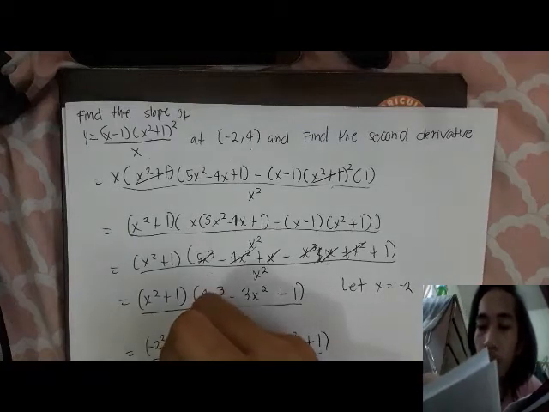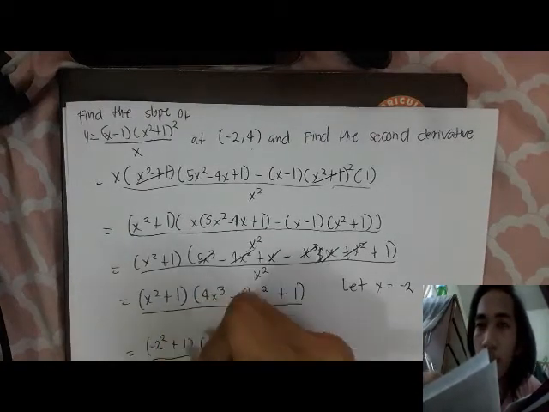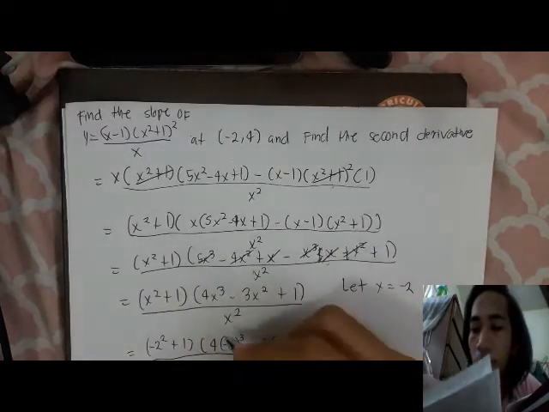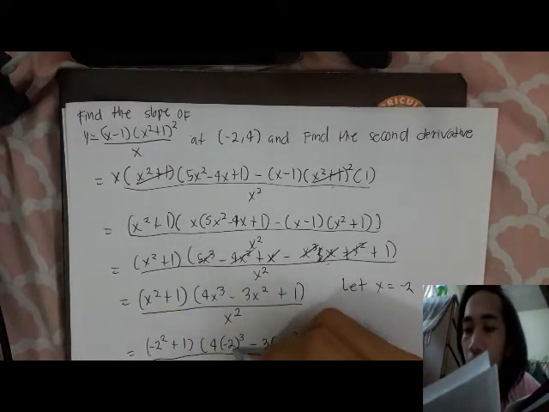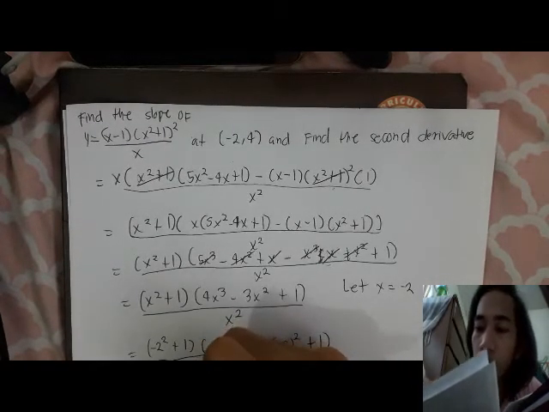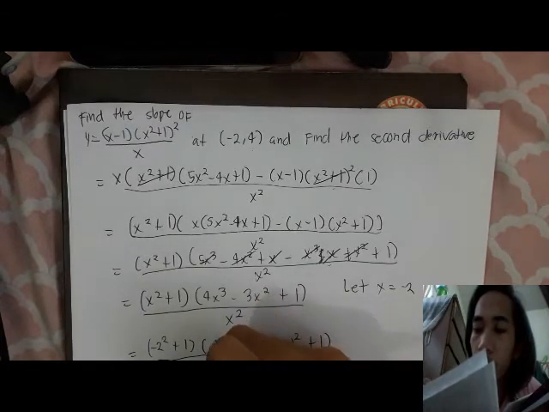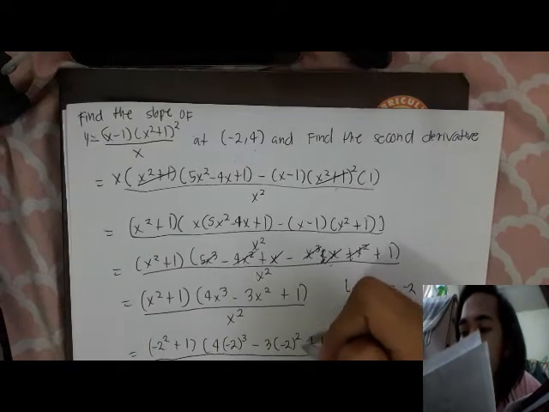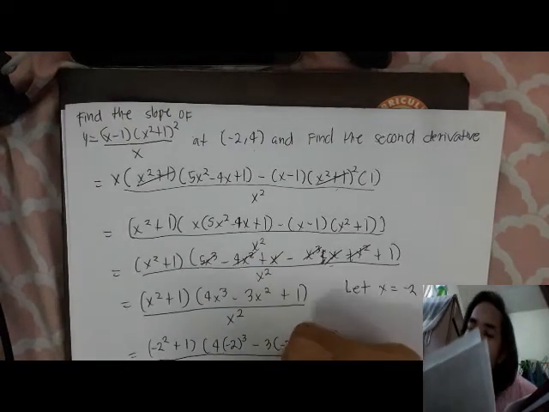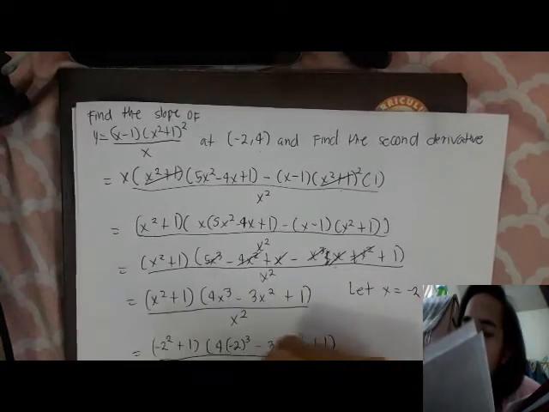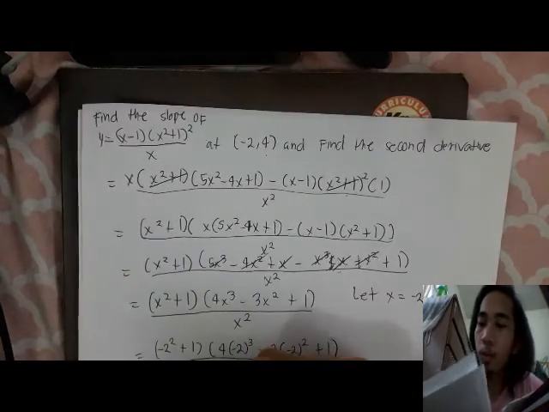Negative 2 squared is 4, 4 plus 1, 5. 5 times, ito naman, negative 2 cubed is going to be negative 8. So, negative 8 times 4, negative 32, negative 3 times 4 is going to be negative 12, plus 1, over negative 2 squared, which is 4.